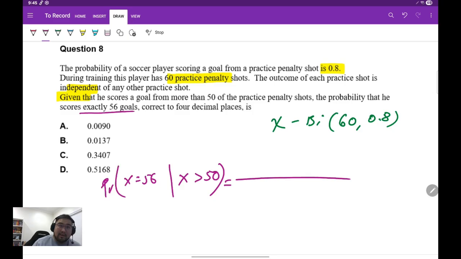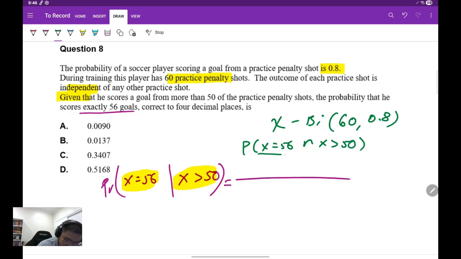So if we now use the conditional probability formula, we're trying to find where the first condition and the second condition intersect. So where does the probability of x equal to 56 intersect with x greater than 50? And there's only one place where they intersect, at x equals 56.